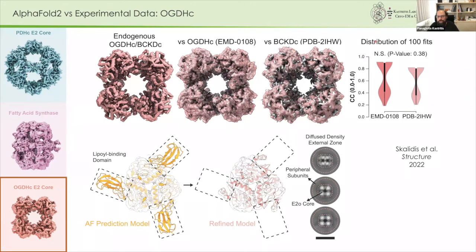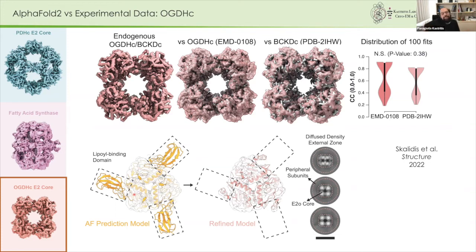By just simple cross correlations, we couldn't differentiate which is the best fit. So we used the protocol that I showed you before, and we unambiguously identified that it corresponds to the oxoglutarate dehydrogenase core. And here I'm showing you the predicted AlphaFold model.